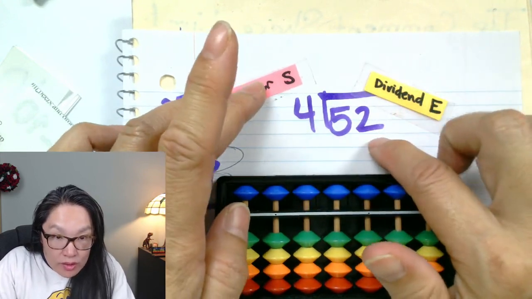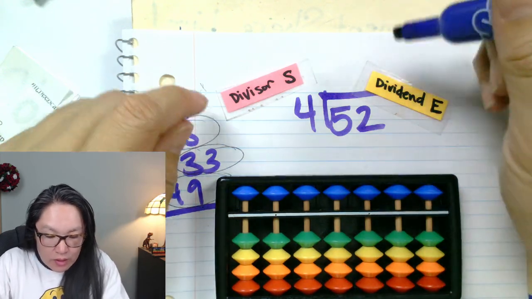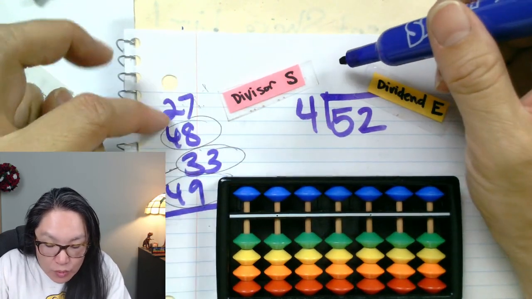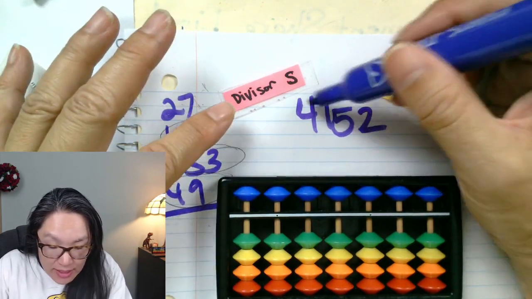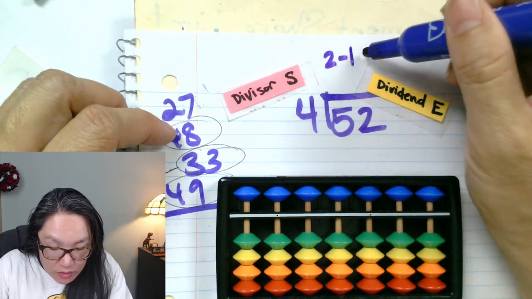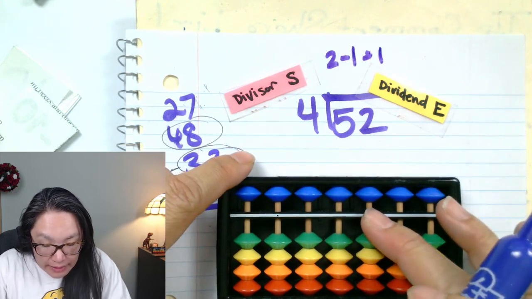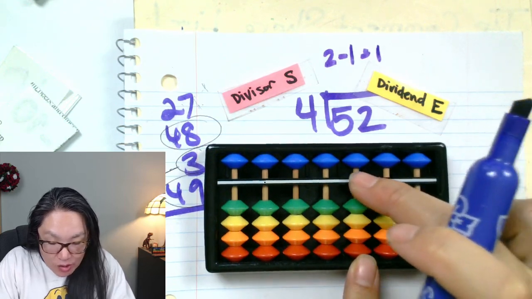So 2 take away 1 is equal to 1. So we know that our starting point is at 1. Just like when we do multiplication, but there we added the digits. In division, we subtract. So 2 minus 1 is equal to 1. We're going to start here. This is where my answer is going to be.